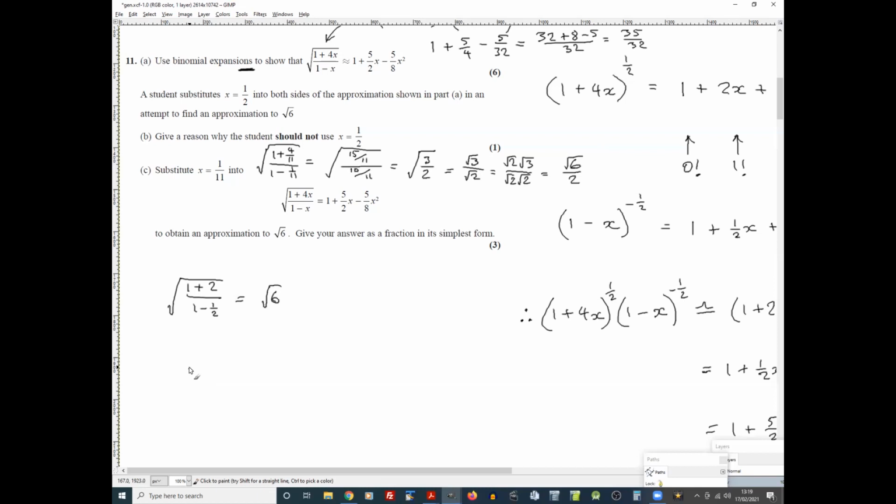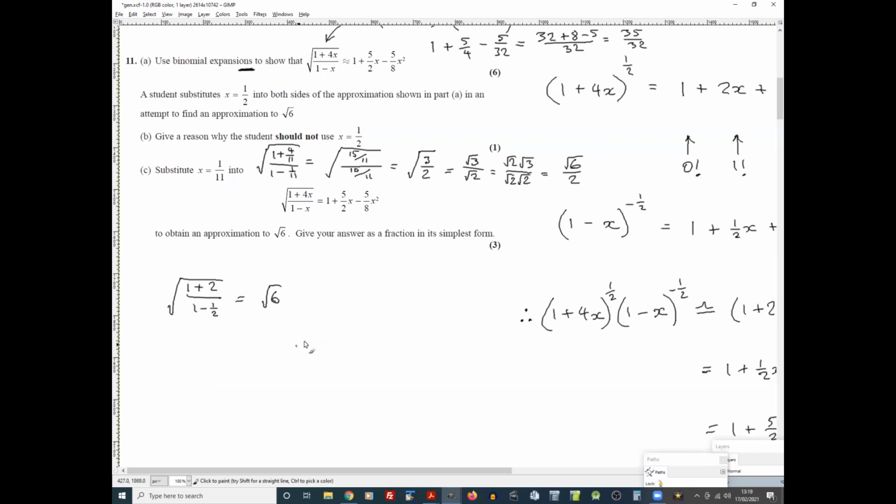You need to see the big picture here. We've done a lot of maths in this question, but what was the purpose of it? To find an approximation, in general, to the root of 1 plus 4x over 1 minus x for values of x less than a quarter. So it's all of that divided by 2.